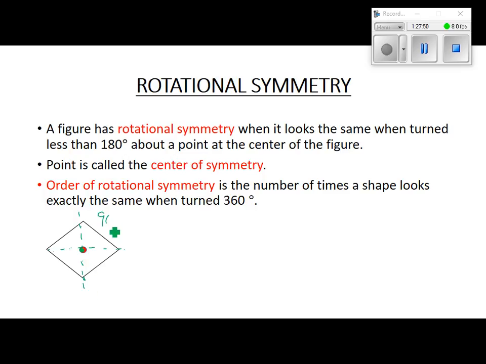So it has rotational symmetry with a 90-degree turn. And if we continue to turn it, and now this point ends up at the top, it's going to look the same. So it also has rotational symmetry at 180 degrees.